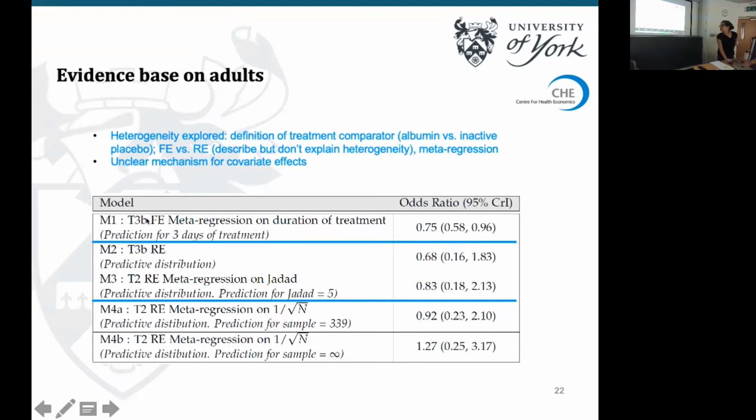For example, T3B indicates that it's a 3-treatment model in which the comparator was split into albumin, which is a real placebo, versus an inactive placebo, which is a clear solution. Albumin is cloudy, but seems to have some effect.